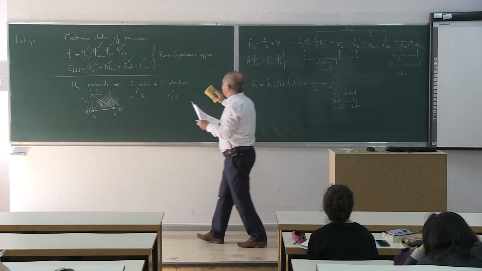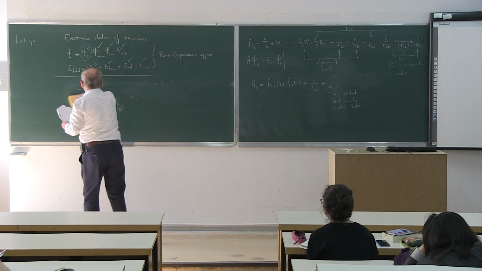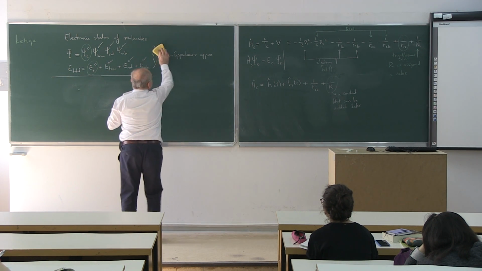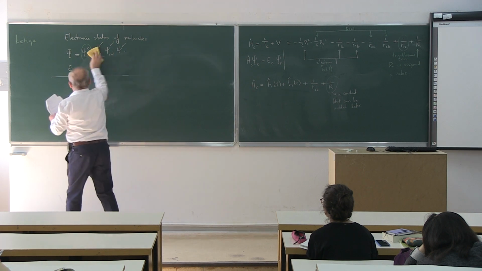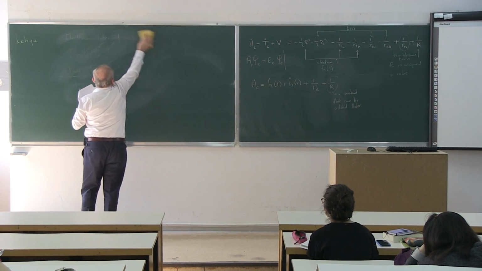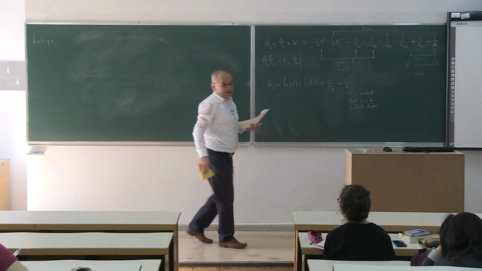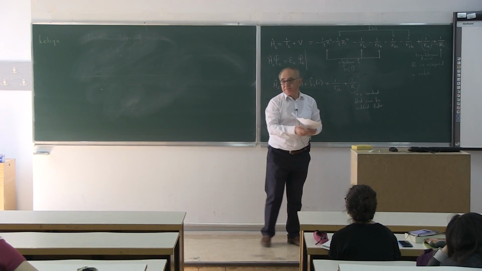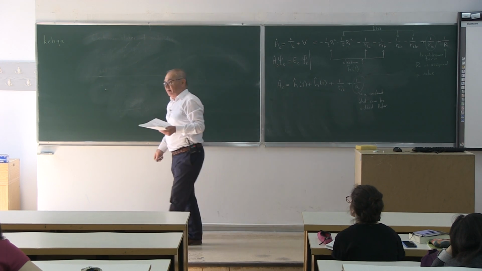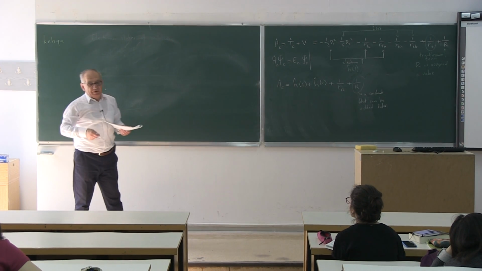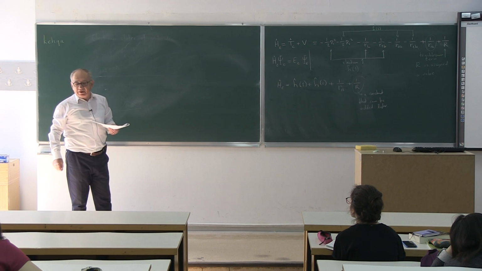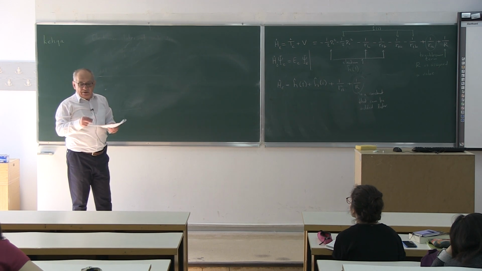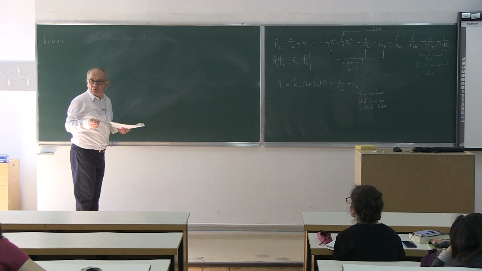One result is about spin. I asked you in the examination the total set of spin multiplicities. The allowed values of spin quantum numbers are determined entirely by the number of electrons. Here, how many electrons do we have?